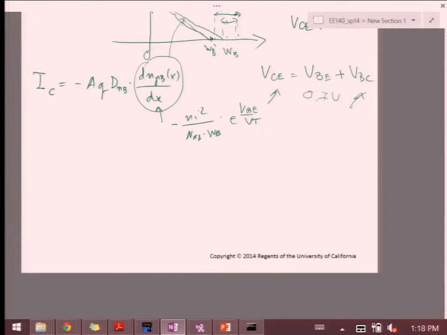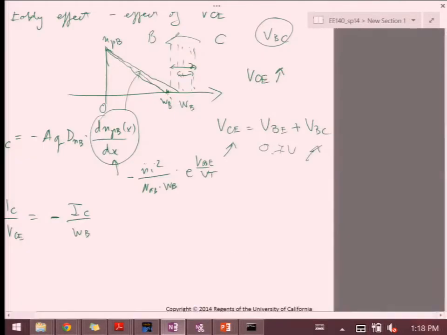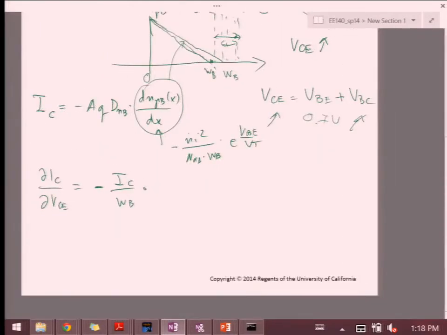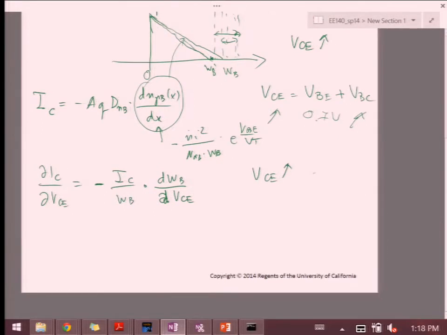So the way I'm going to do it is through simple differentiation. So I'm going to say delta IC is a change in the IC with respect to change in delta VCE. And then I want to say it's inversely proportional to the WB, simply because if I increase VCE, my width of the base is going to go down.